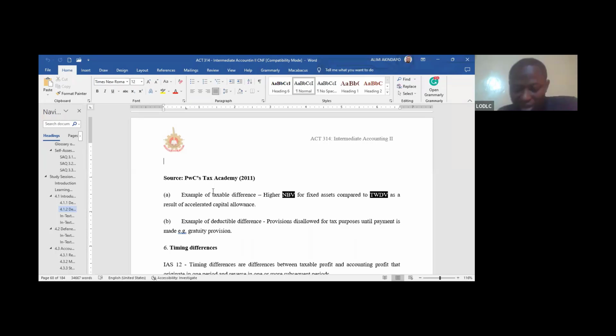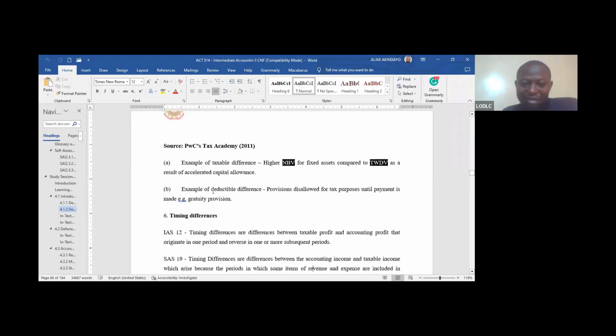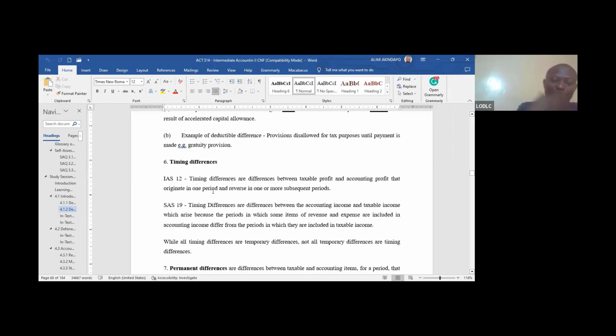Then we have timing differences. According to IAS 12, timing differences are differences between taxable profit and accounting profit that originate in one period and reverse in one or more subsequent periods.